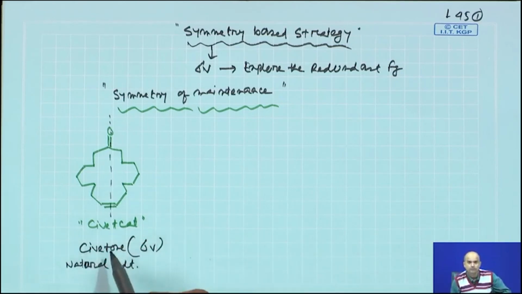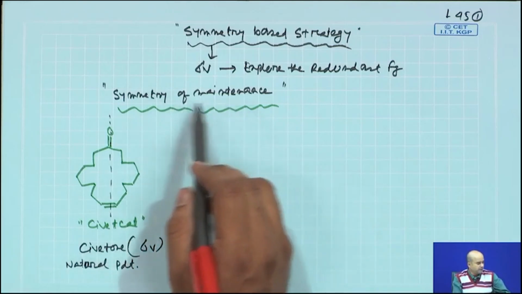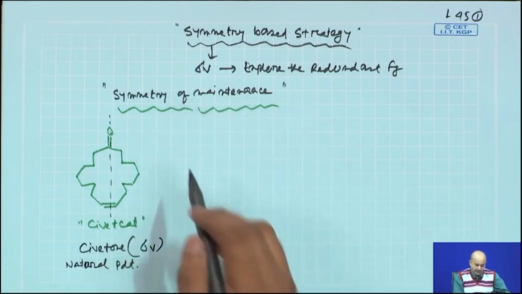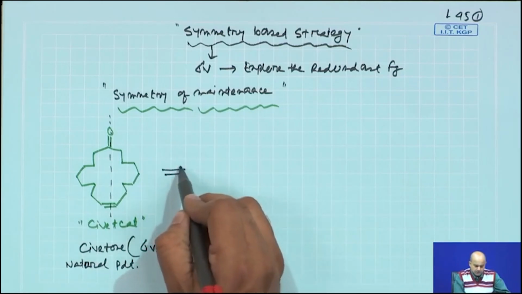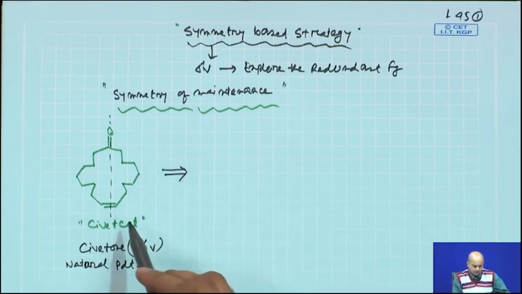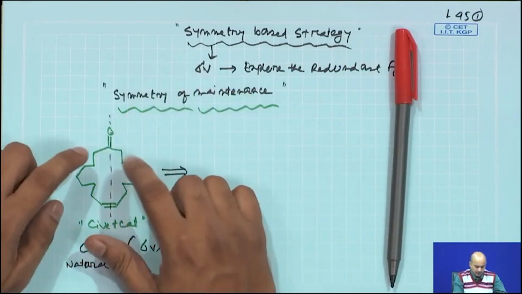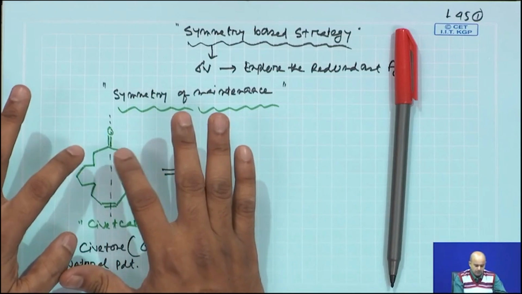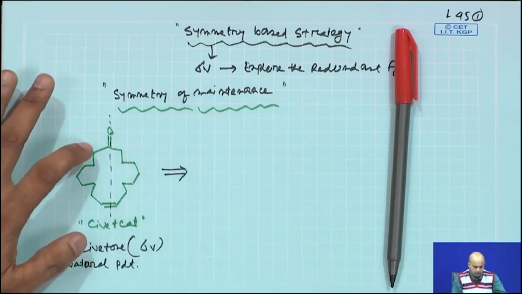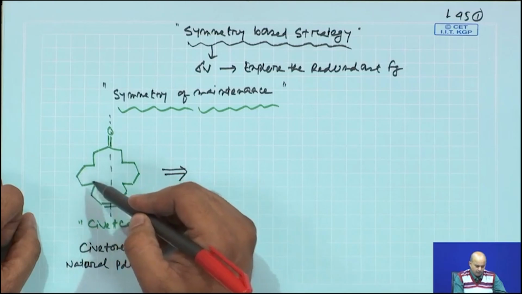As I said, this molecule is perfectly symmetrical, so probably the symmetry maintenance criteria we need to fulfill. And definitely, if you see the structural features of this molecule, it has a carbonyl functionality, and the left hand side and right hand side have an equal number of methylene groups. How many? It is 1, 2, 3, 4, 5, 6, 7.